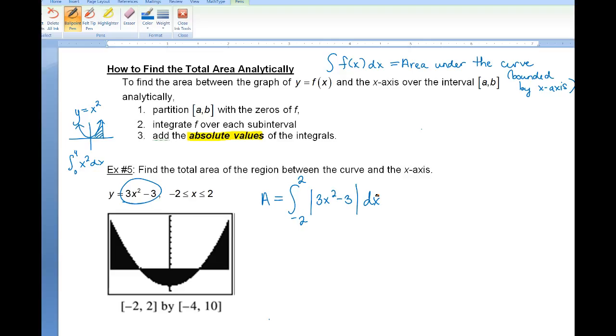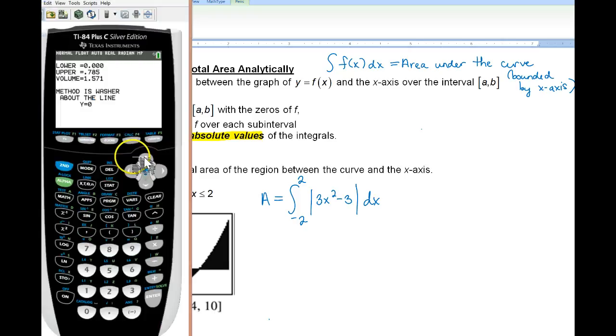What were you going to ask, Luke? Is that any different than just multiplying the original equation by negative 1 and then setting it at the zeros for your domain? Say that again? Would that be any different than multiplying the original equation by negative 1, so it becomes above the curve, and then just setting your domain on where it crosses the x-axis originally and then adding that to the first integral?